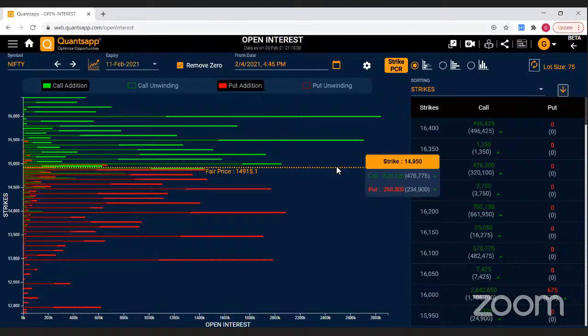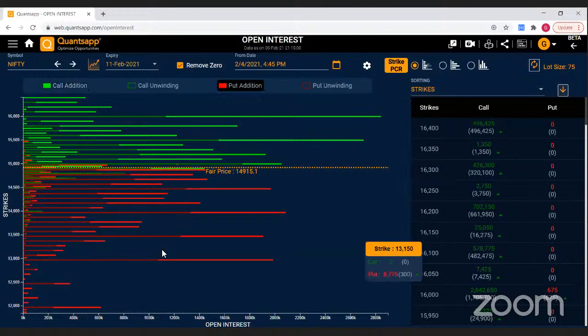What we used to do earlier, we used to go to the chain, look into the options, and look at how open interest is changing. But what we have tried to do is take this whole tool to the next level, where we have defined the strikes and open interest not in contracts, but in shares.